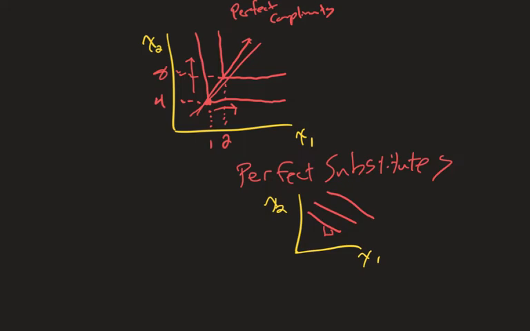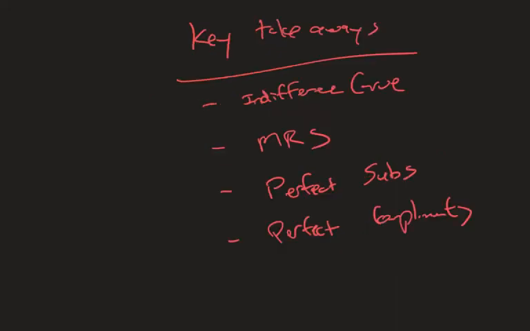The slope can be 1, but it doesn't need to be 1. And the key bit here is that at whatever fixed rate you have, you're willing to substitute good 1 for good 2, and it doesn't vary with how much good 1 you have or how much good 2 you have.